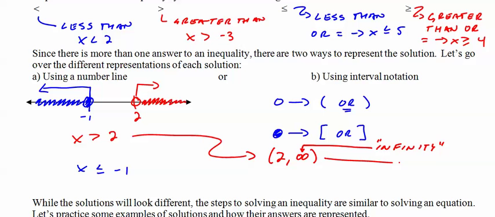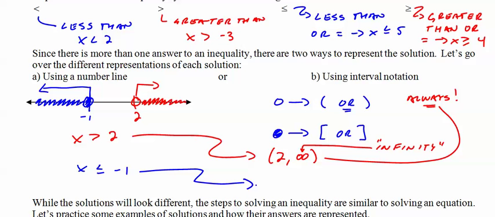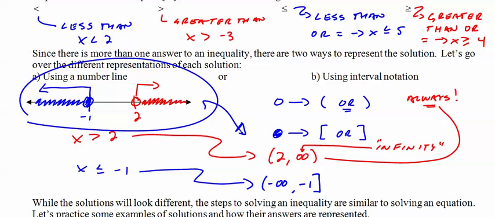Infinity always has a curved parenthesis next to it. Why? It just does. You can never get to infinity. I think that's the reasoning, but I always thought it should have a bracket, but I was wrong. Now, x is less than or equal to negative 1, so I put my negative 1 here, including negative 1, and it goes to negative infinity. If that's confusing, just remember your number line and how that relates to all this stuff.